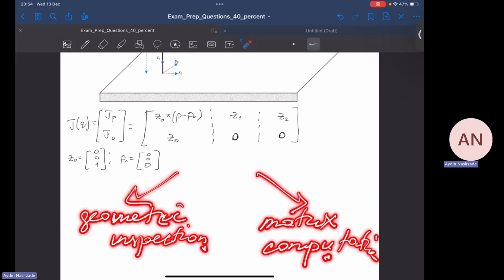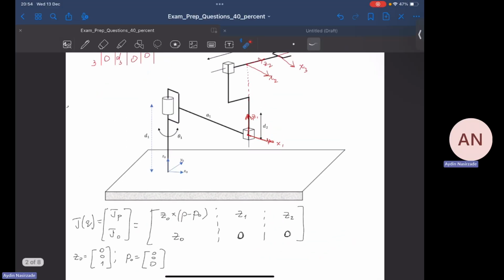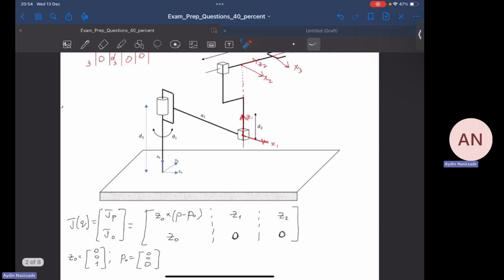One of these 2 methods, both are okay. It doesn't really matter which one you choose. Just try to be comfortable with the one you choose. I'm going to give you marks no matter what. Let's move on and try to use the first method, which is geometric inspection.